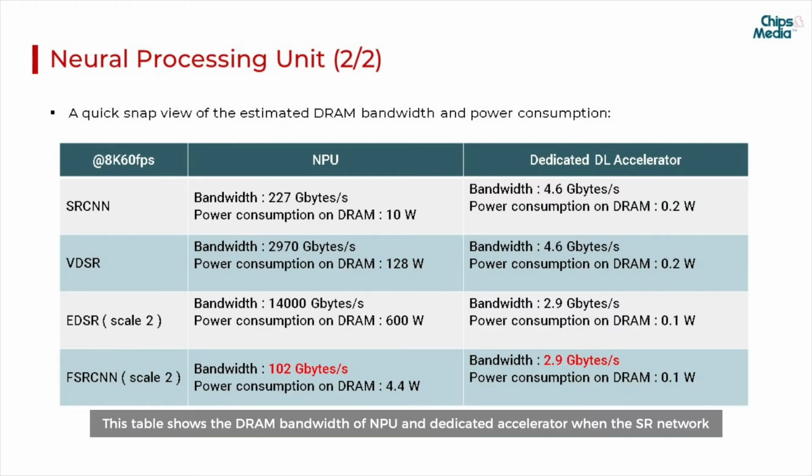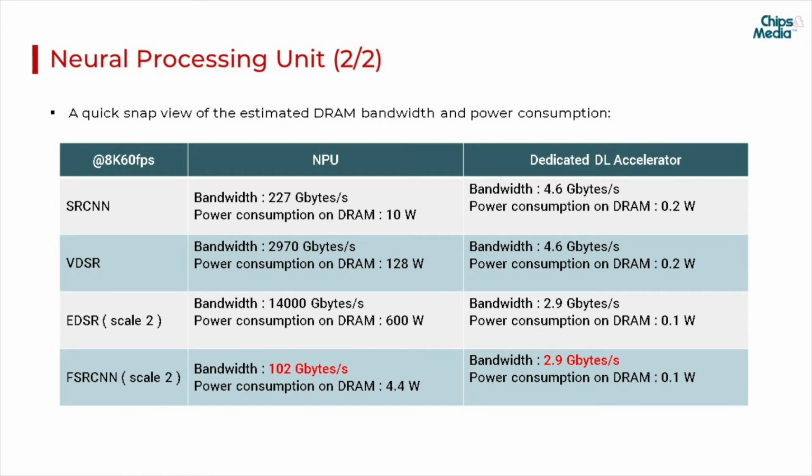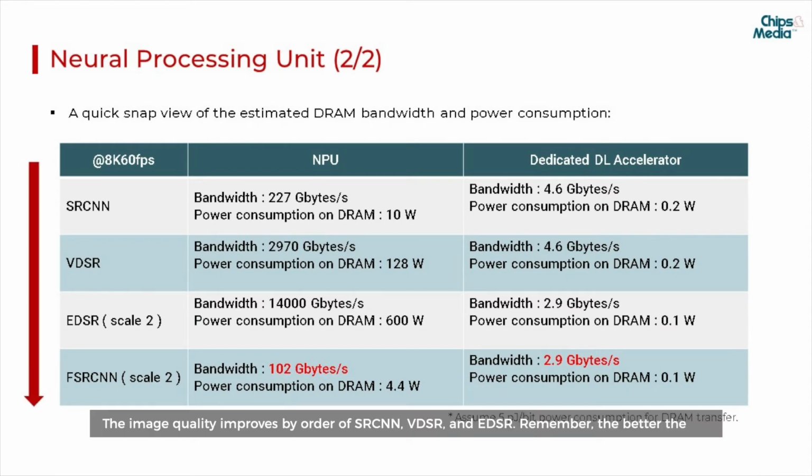This table shows the DRAM bandwidth of NPU and dedicated accelerator when the SR network is used to generate 8K 60 frames per second. The image quality improves in the order of SR-CNN, VDSR, and EDSR. Remember, the better the image quality of the network, the more exponential the bandwidth in NPU.